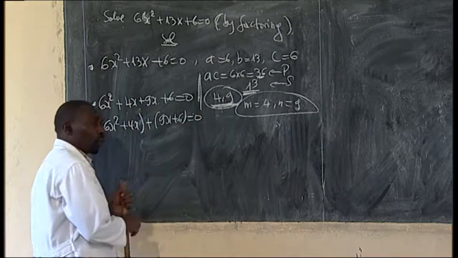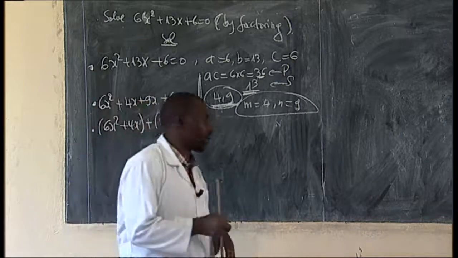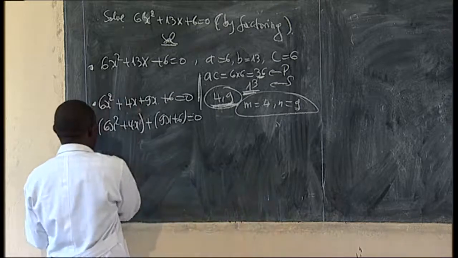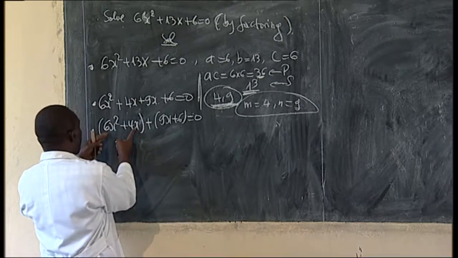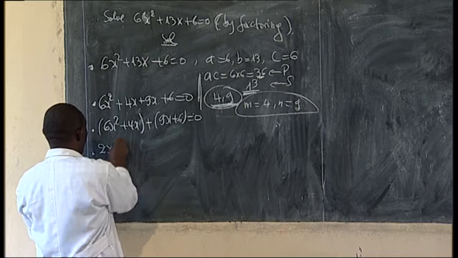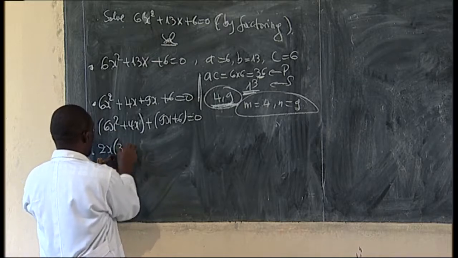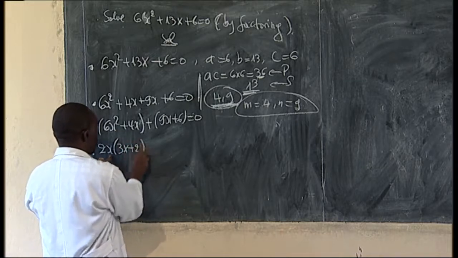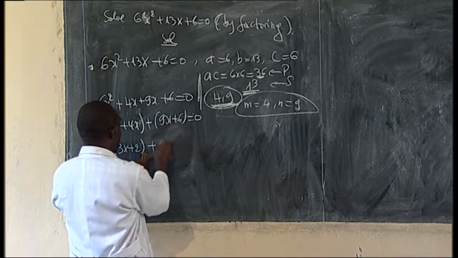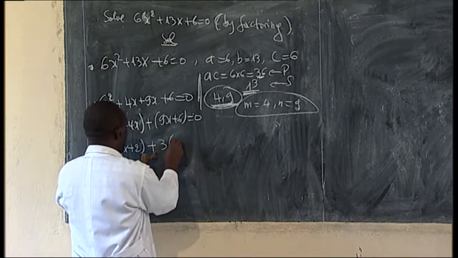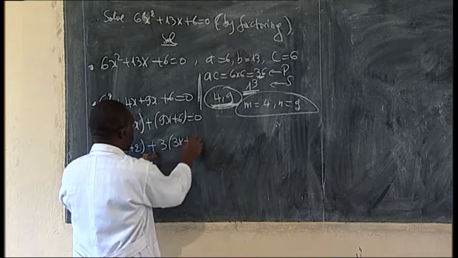From here, I'm going to find a common factor. If I take 2x as a factor, I remain with 3x plus 2, then plus, I can take a 3, I remain with 3x plus 2.